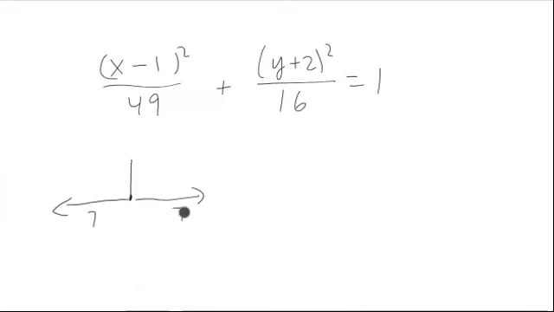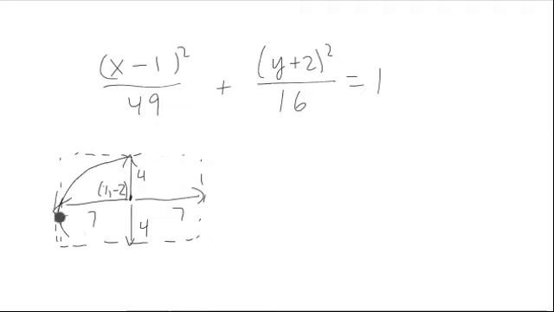So square root of 49 is 7, square root of 16 is 4. So up 4, down 4. And then the center is given by what makes this 0, 1, what makes this 0, -2. So the center is actually 1, -2. We have a box which the ellipse sits in. And we can just draw the ellipse inside. And then we've successfully graphed an ellipse from standard form.